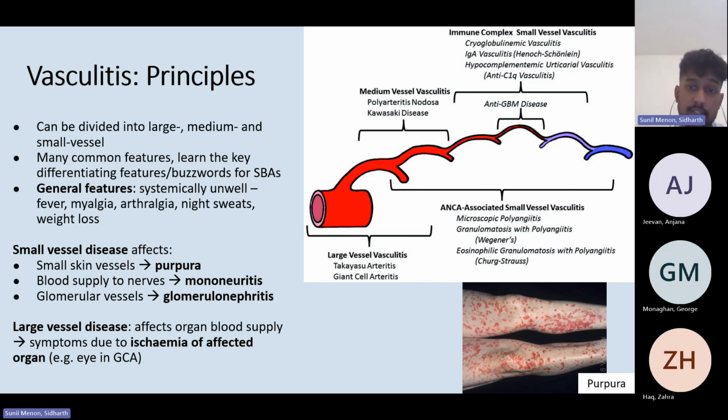So it's a common differential, actually. Large vessel can be broken down into temporal arteritis and Takayasu arteritis; medium vessel into polyarteritis nodosa and Kawasaki; small vessel into Wegener's, Churg-Strauss, microscopic, and then the immune complex ones like HSP, cryoglobulinaemia, and Goodpasture syndrome.